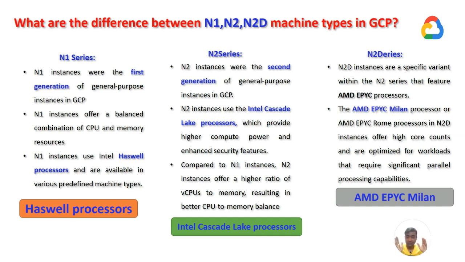Guys, the only difference is the processor and nothing else. As I mentioned, the N1 series uses the Haswell processor, the N2 series uses the Intel Cascade Lake processor, and N2D uses the AMD EPYC Milan processor and nothing else, guys. I hope now you understand N1, N2, N2D, all the machine series.